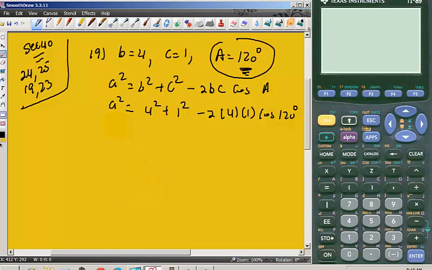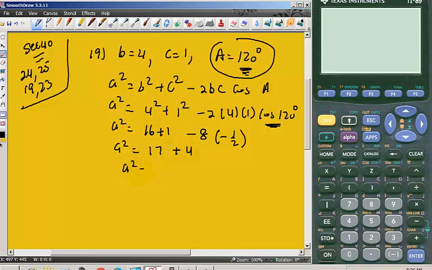So A squared is equal to 16 plus 1, minus 8, and cosine of 120 degrees is in the second quadrant, so it's going to be negative. It's related to 60 degrees, so cosine of 60 degrees is 1/2, so negative 1/2. So I'm going to get A squared is equal to 17, and this is going to give me a plus 4.